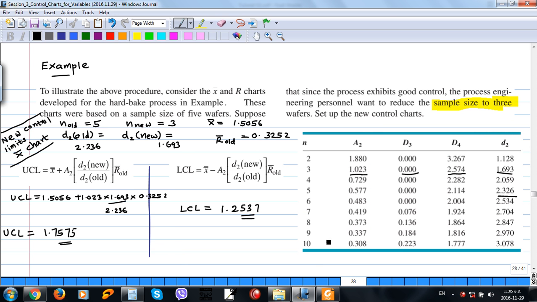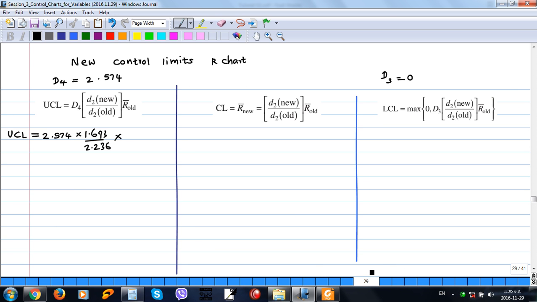R bar old means 0.3252. By simplifying this, you can take the value as 0.6338.